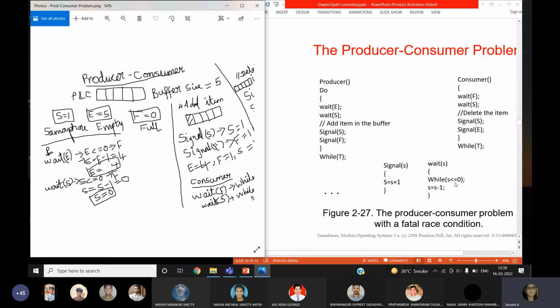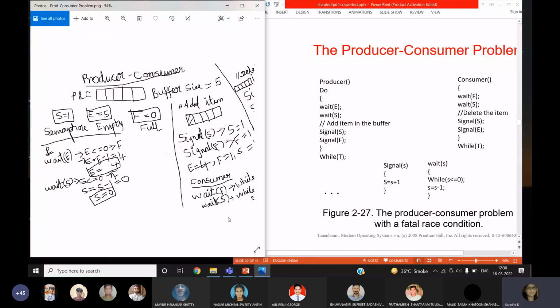This condition will be false. It will come inside. Another producer can produce the item in another buffer.